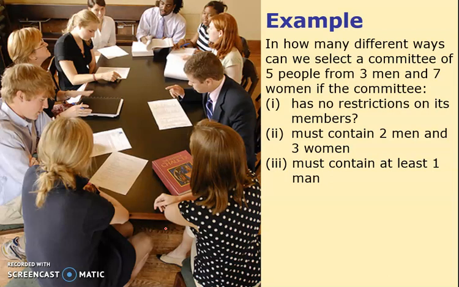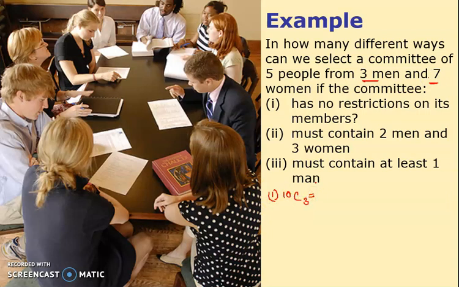Example. In how many different ways can a committee of 5 people, we want 5 people from all the people around this table, be chosen? Notice there are 3 men and 7 women. If there are no restrictions on the committee, I've got 10 in total.